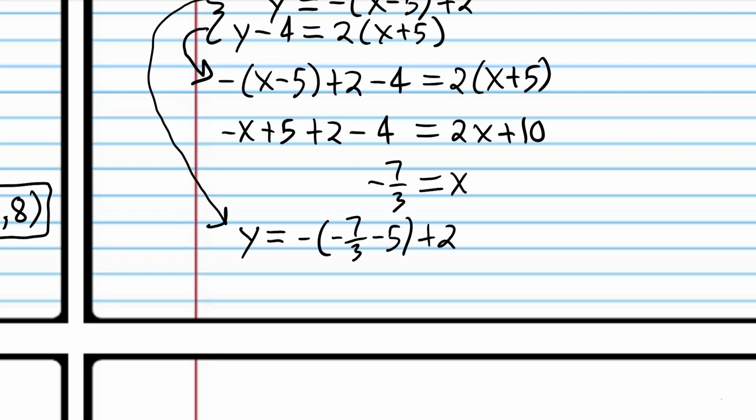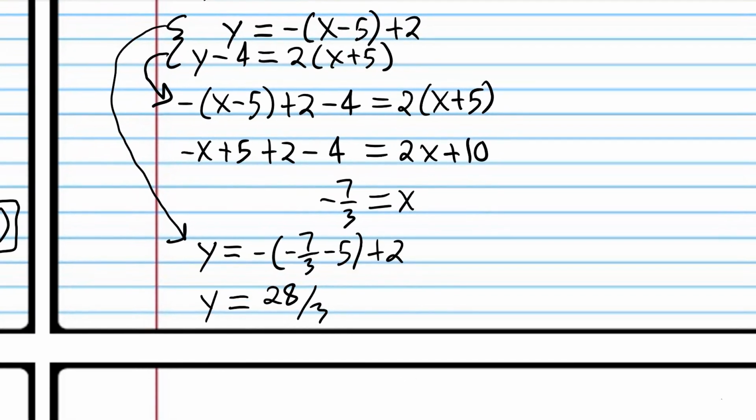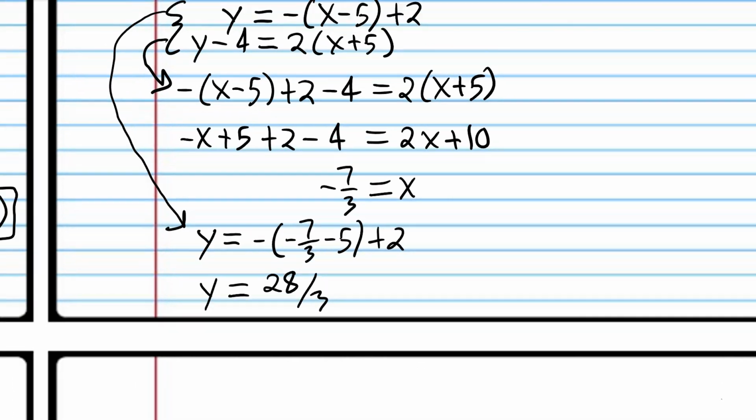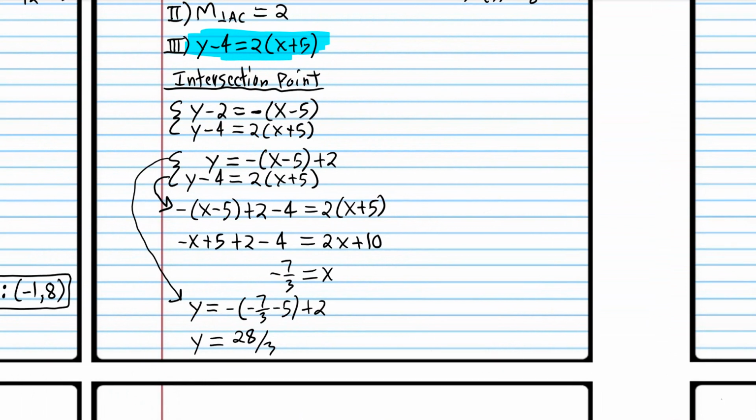That would be 22/3 plus 6/3, which is 28/3. So y is equal to 28/3. Again, if you're having problems with that, just do practice problems with order of operations and also fractions. So now we have the coordinates of the orthocenter.